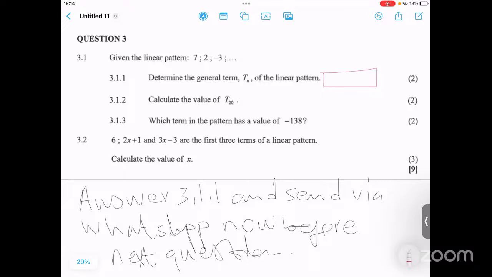I will just send a WhatsApp to say, did you get it? Sent. Okay, let me check another one. This one did that minus that, that minus that. There is the formula, and then there is the substitution.